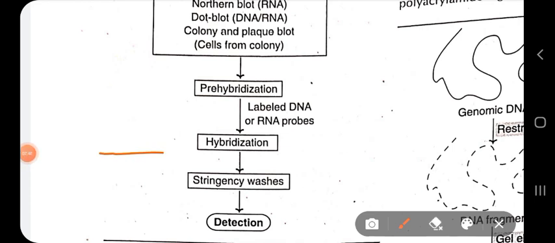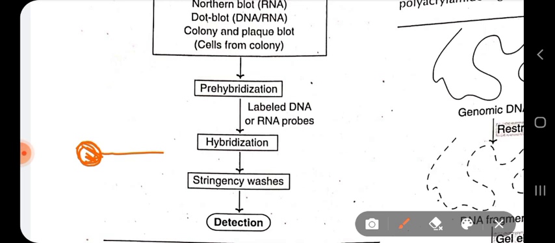These probes are usually tagged with certain proteins or other things, like radioisotopes, for their detection. Or they are labeled with epitopes, which are the antigenic determinants, the part of an antigen that can be recognized by our immune system.